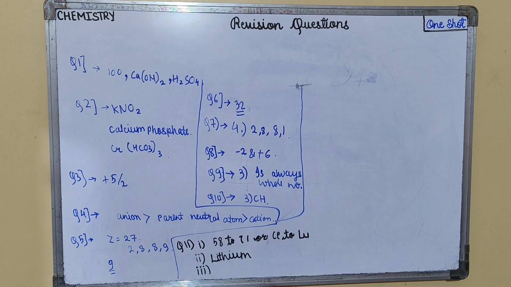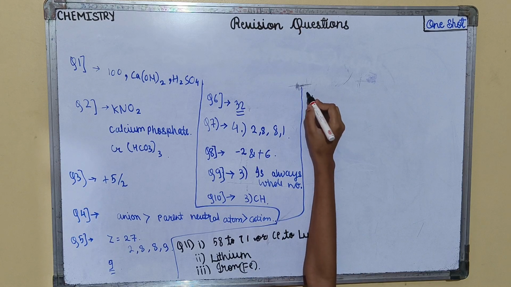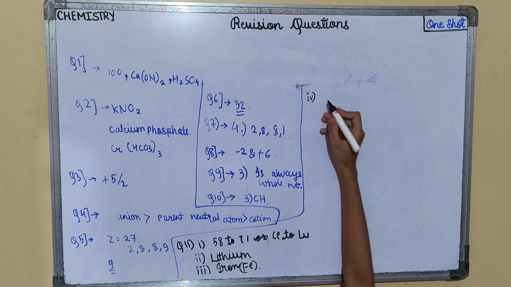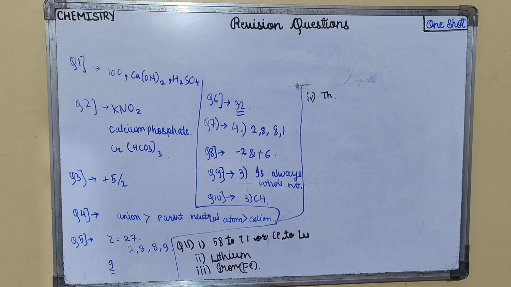Third is sixth element of first transition series is. So the answer is iron, Fe. Fourth one is first element of actinide series is. So the answer is Th.